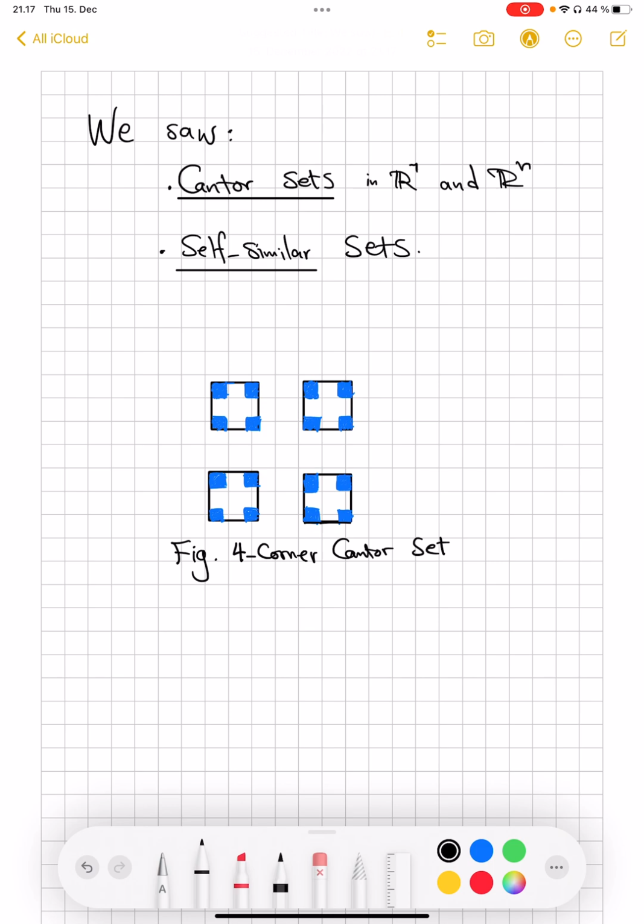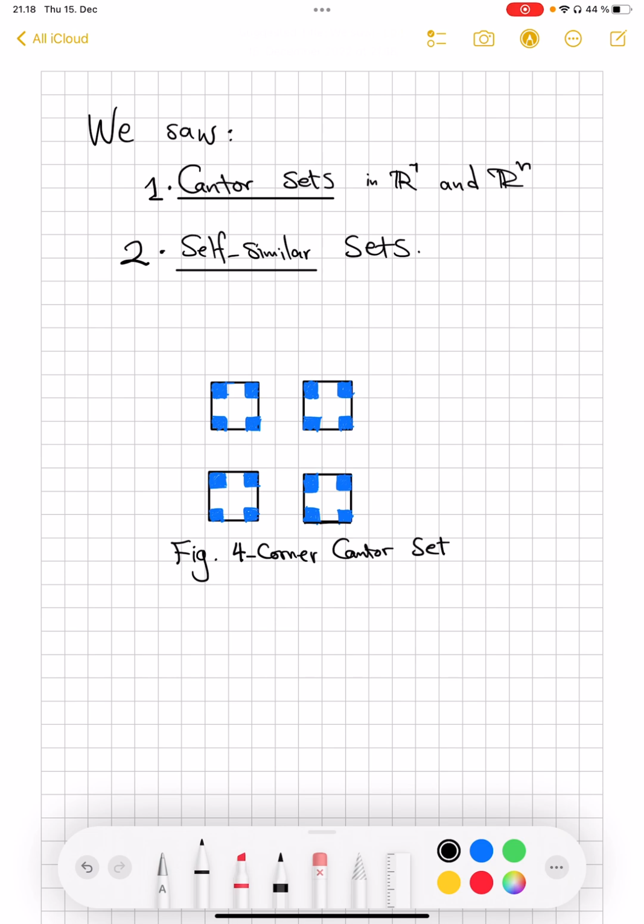We wanted just to have a collection of sets so that we can motivate the theory of geometric measure theory of sets that follows. For example, by looking at the four-corner Cantor set, which was featured in at least two of the videos, and we looked at it in two different ways, using constructions as in one and also constructions as in two.